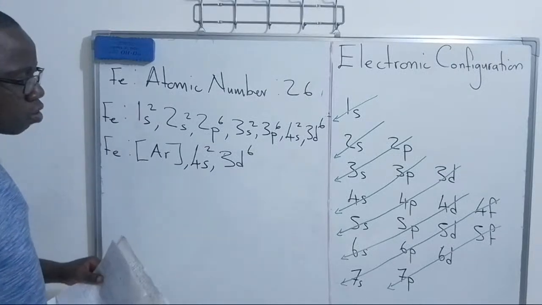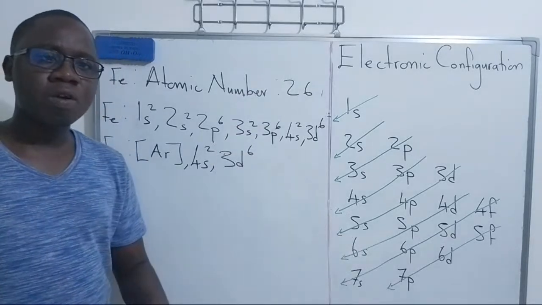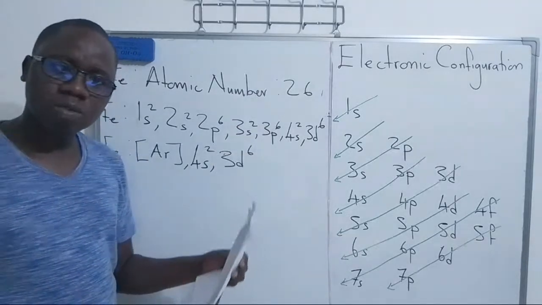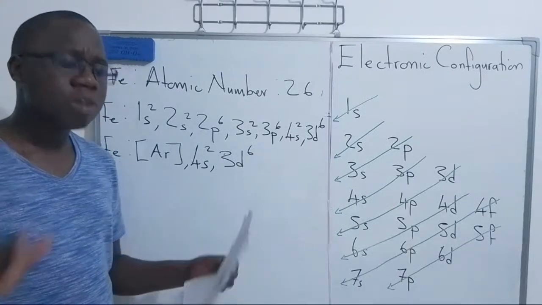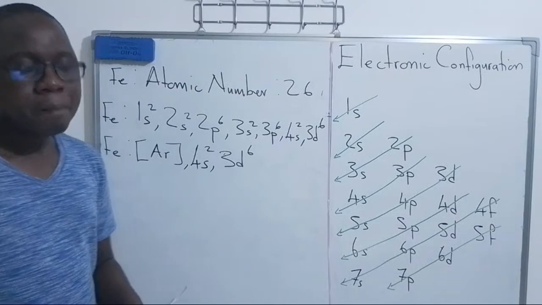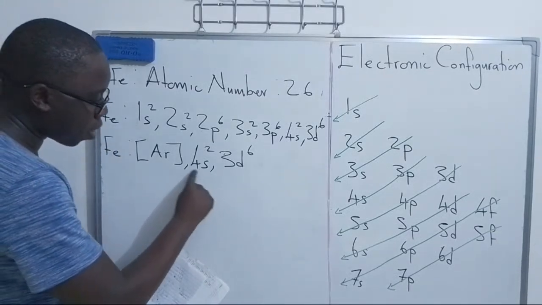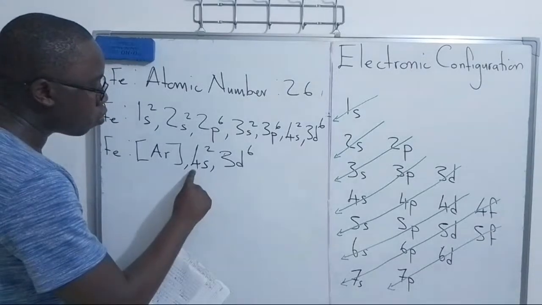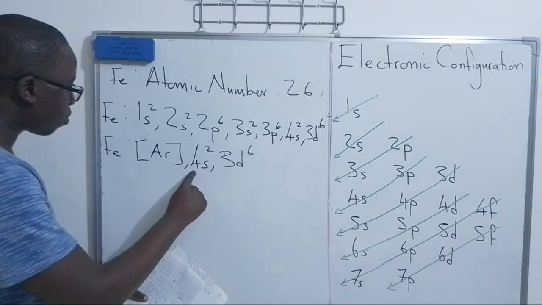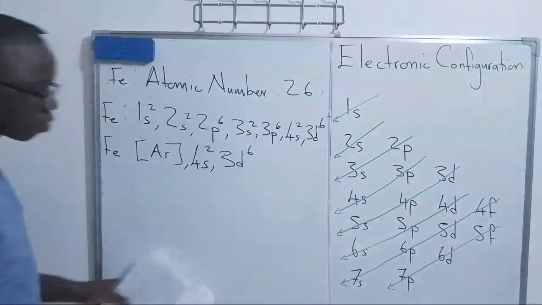For the transition metals, we'll do a very good video on how you determine the period, or rather the groups, because sometimes the periodic table is subdivided on the transition metals. But the highest level of the principal quantum number can tell you that iron is in the 4th period.